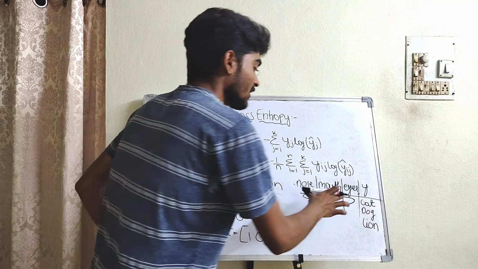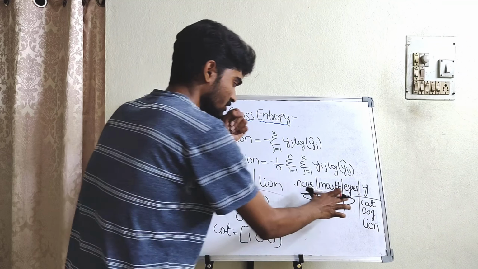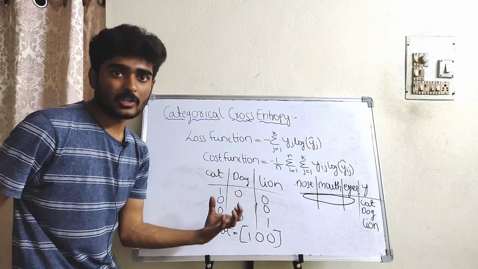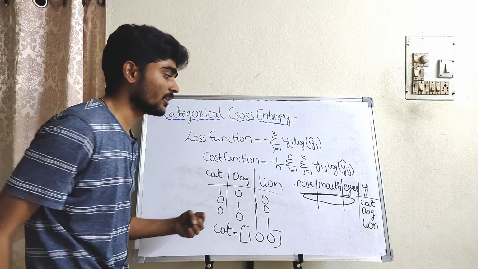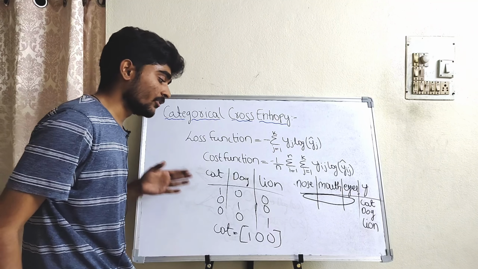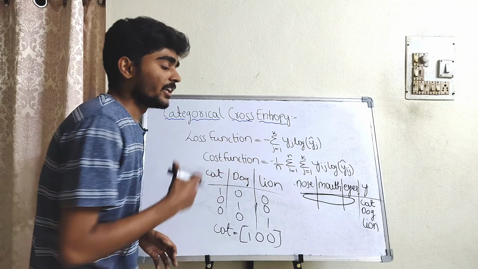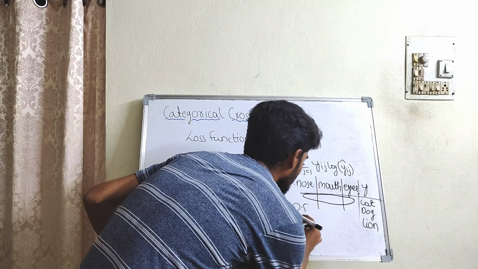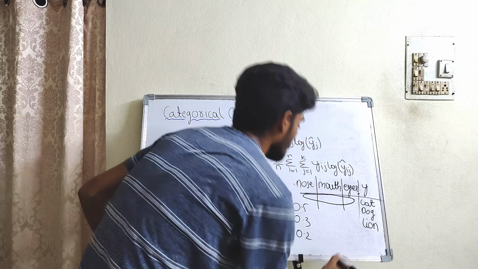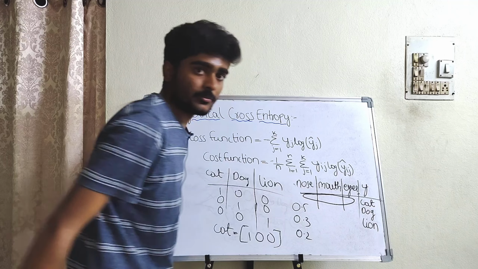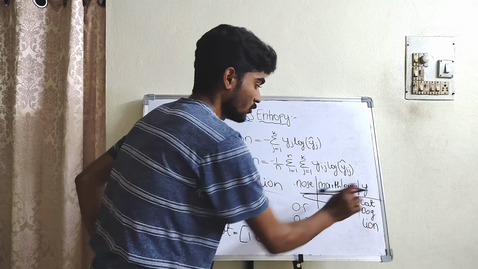Now this first training example is sent to the neural network that we have built previously, and it has produced an output of 0.5, 0.3, and 0.2. For this first training example, the true output is cat.